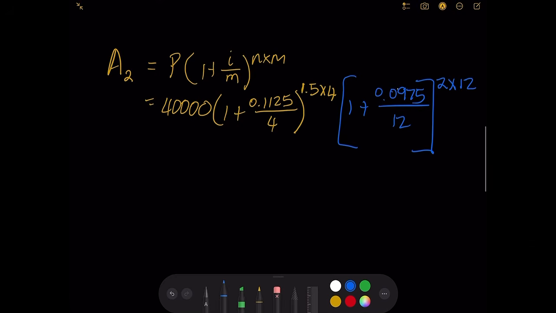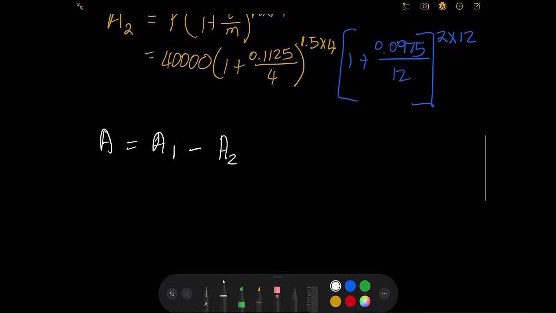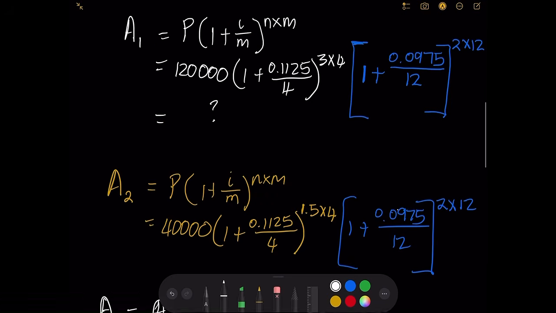Now, all we're simply going to do is find the final amount, which would simply be A1, the deposited amount, minus the withdrawn amount, A2. So let's just quickly put that in our calculators. Let's remember what we got there.